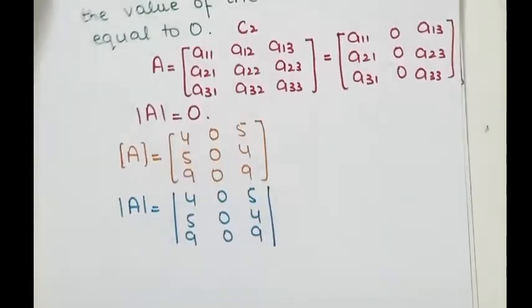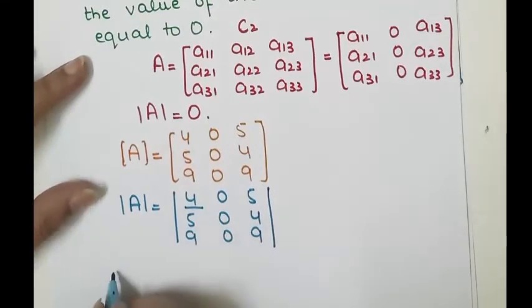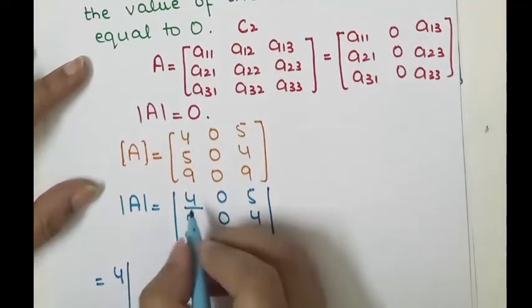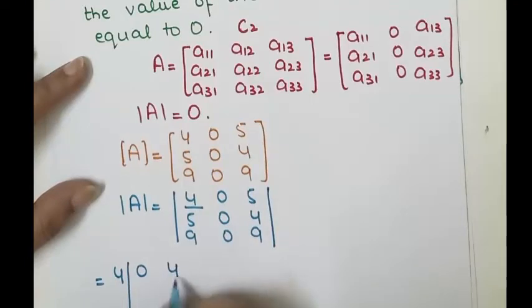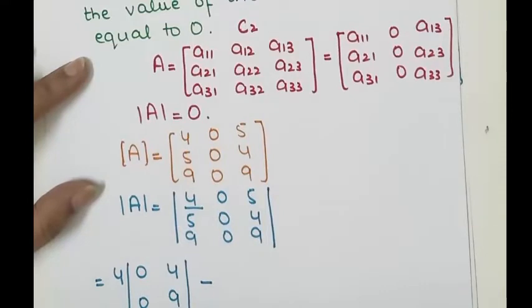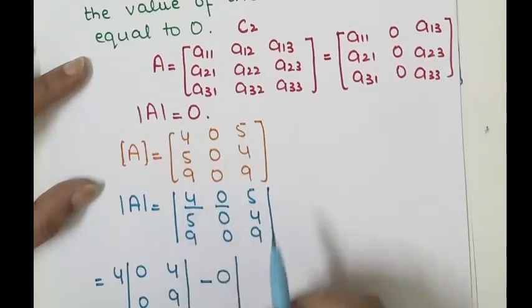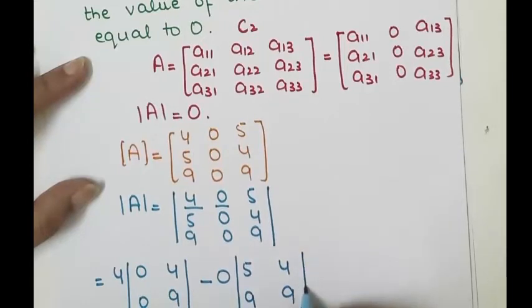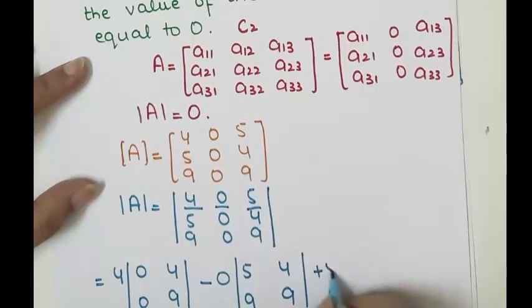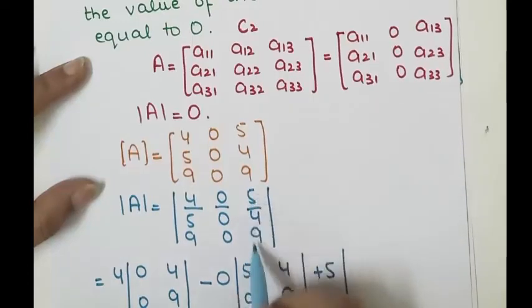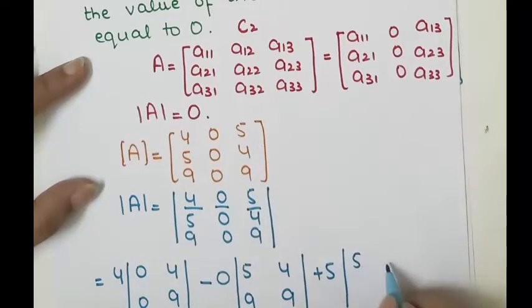Okay, so expanding from C1 we have 4. Now ignoring the row and column, we have 0, 4 and 0, 9. Then minus sign, writing this term. Now we will ignore this second column and first row, and we have 5, 4, 9, 9. Now writing this positive 5, ignoring third column and first row, we have 5, 0 and 9, 0.